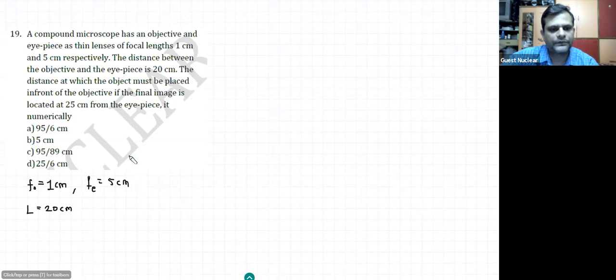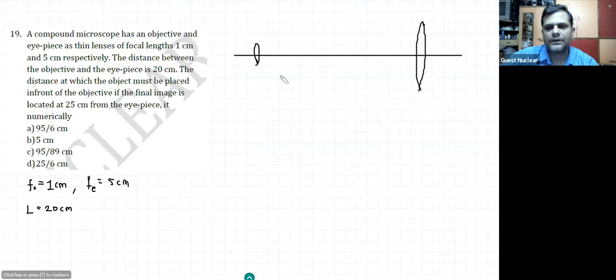Okay, so if we draw a rough diagram of the microscope here, it will look like this. This is the microscope, suppose, and this is the objective, and this is going to be the eyepiece. This is the distance of the object here, and the first image of the object forms here, suppose, and this will act as an object for the eyepiece.